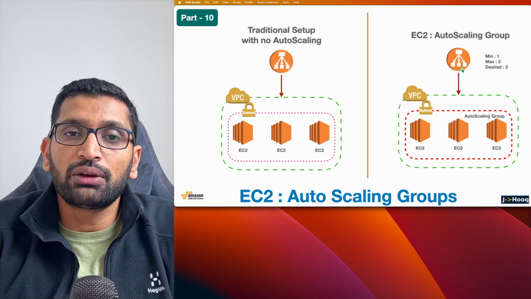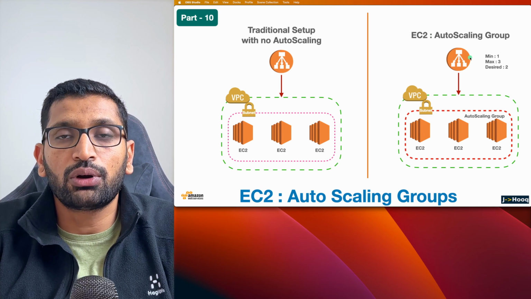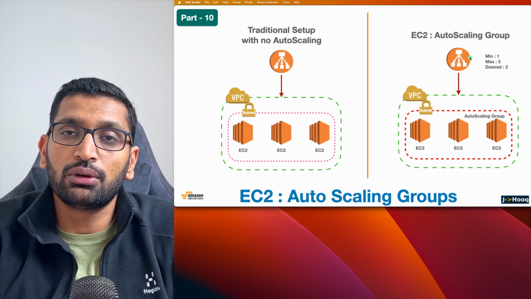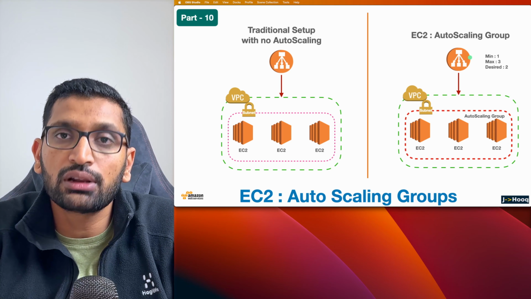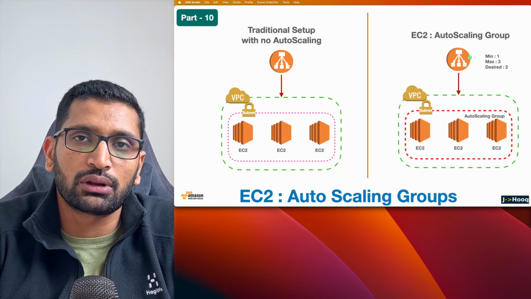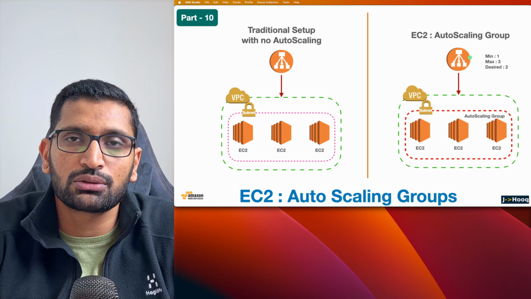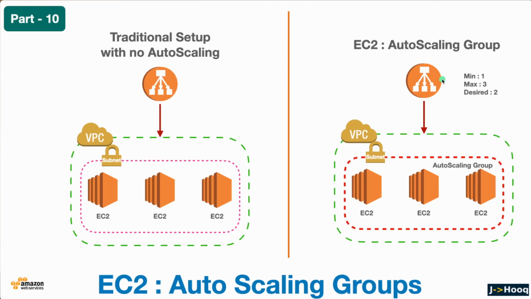But when you compare with the auto scaling group, it gives you the flexibility to create more instances and reduce the instances based on traffic, CPU usage or memory usage. You just create an auto scaling group where you define the min, max and desired number, and these are configurable numbers.